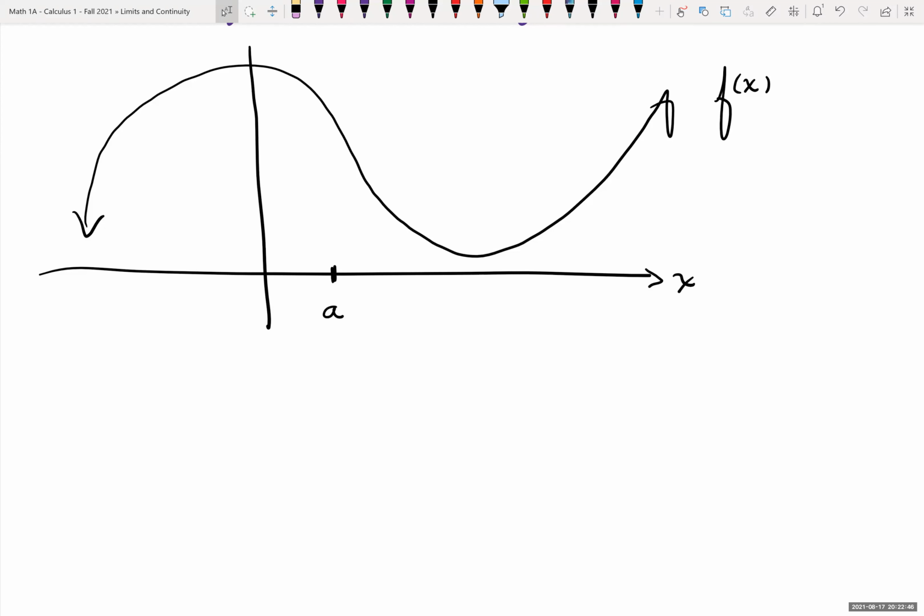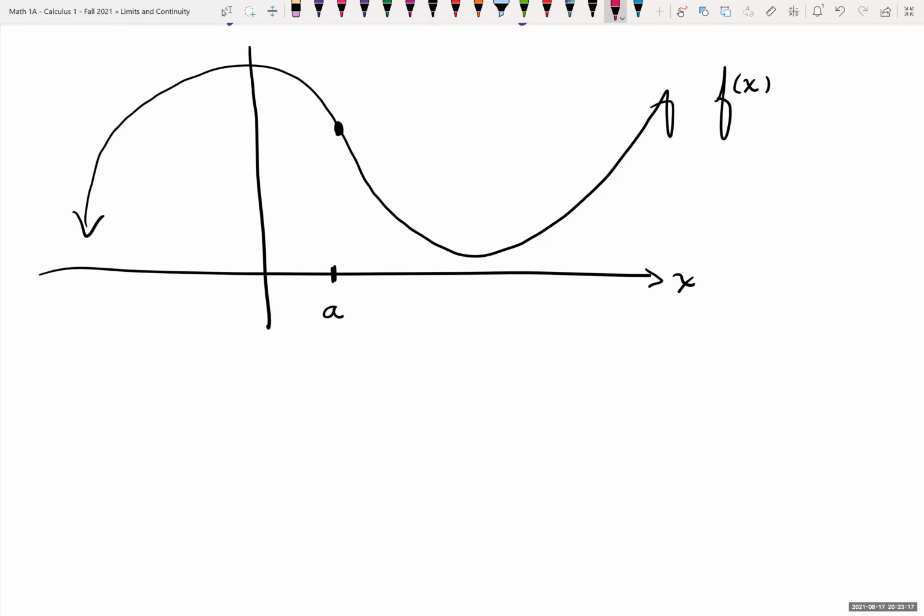Okay, so again, we have this generic graph in front of us, and we want to figure out what that instantaneous rate of change is at some value of x. And I just decided to say arbitrarily x equals a. Well, if I took some point that was arbitrarily close to x equals a, and I found the rate of change between those 2 points, it could be helpful.